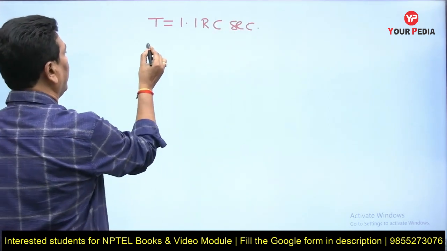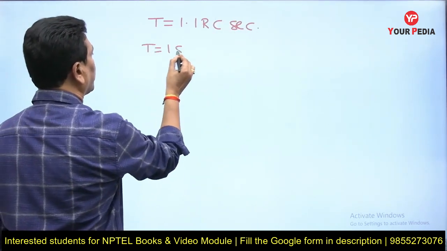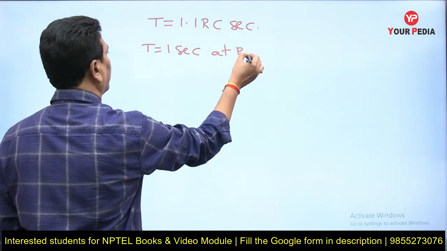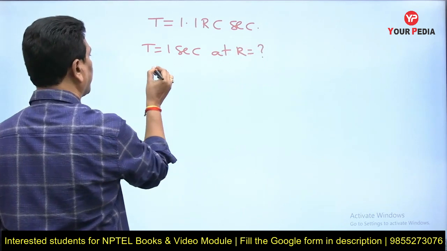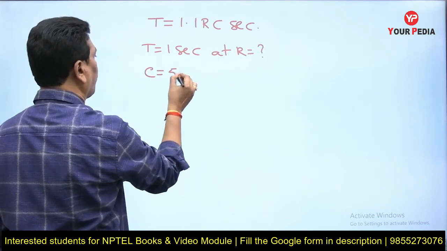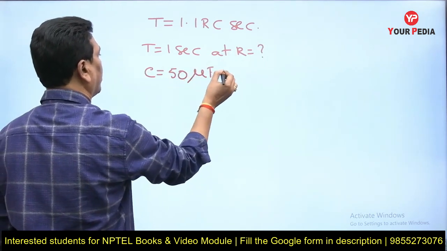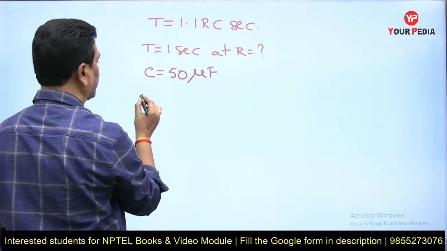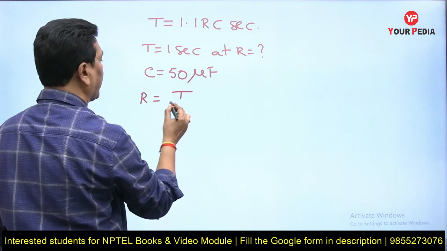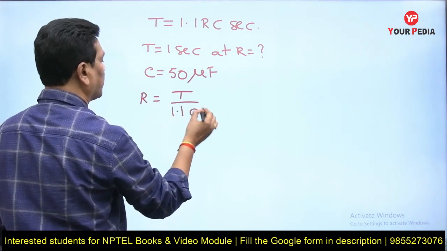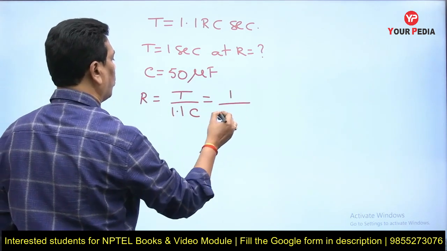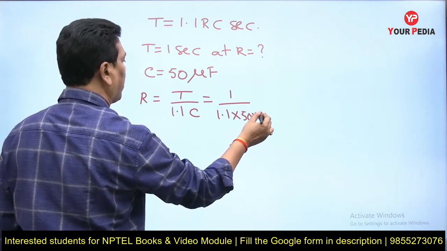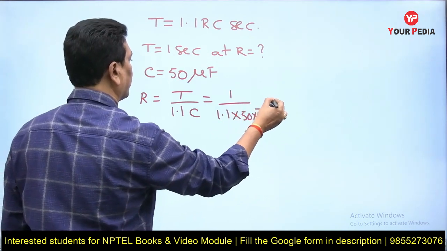He asked, to get a pulse width of 1 second, how much R do you require? And C is given as 50 microfarad. The formula is T equals 1.1 RC seconds, so R equals T by 1.1 into C. T is 1, 1.1 into 50 into 10 power minus 6. Confirm?